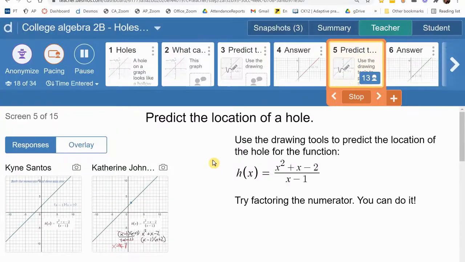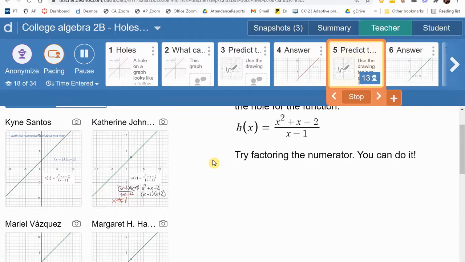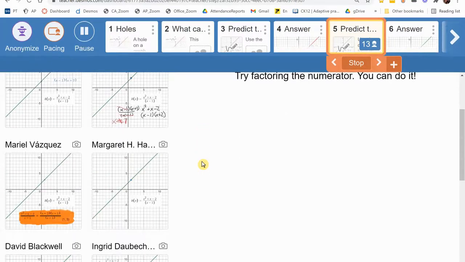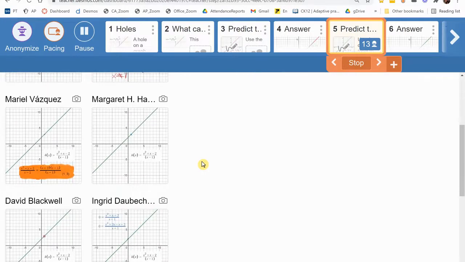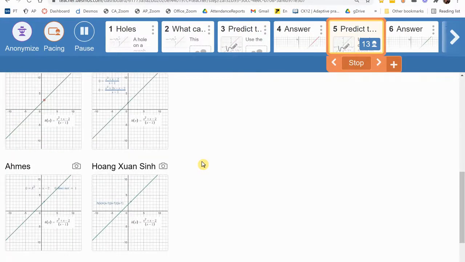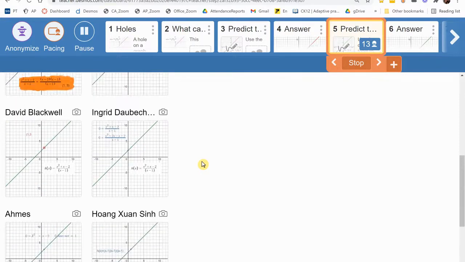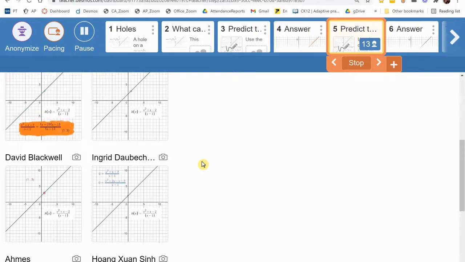So remember, even if you think you're done, go back and also make sure you identify the full coordinates. The hole is at x comma y. What are the values for x and y? Good.